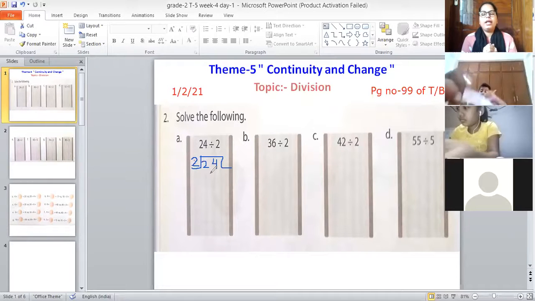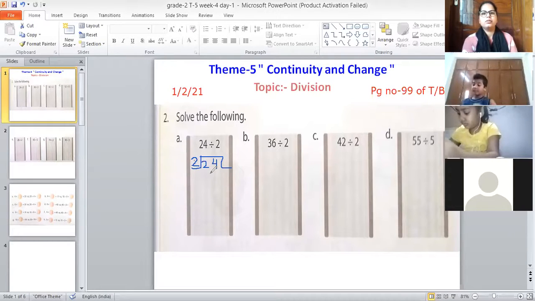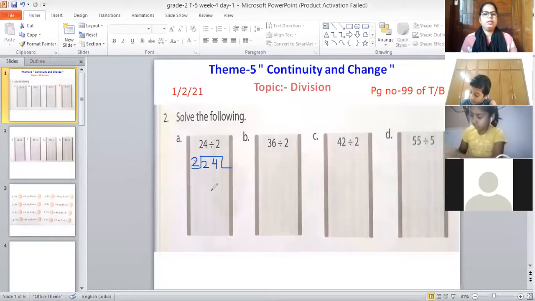Yes, ma'am. Now tell me, will we take 2 and 4 together, or will we take only one digit at a time? We will take only 2, or 2 and 4 together? 2 and 4 together, ma'am.